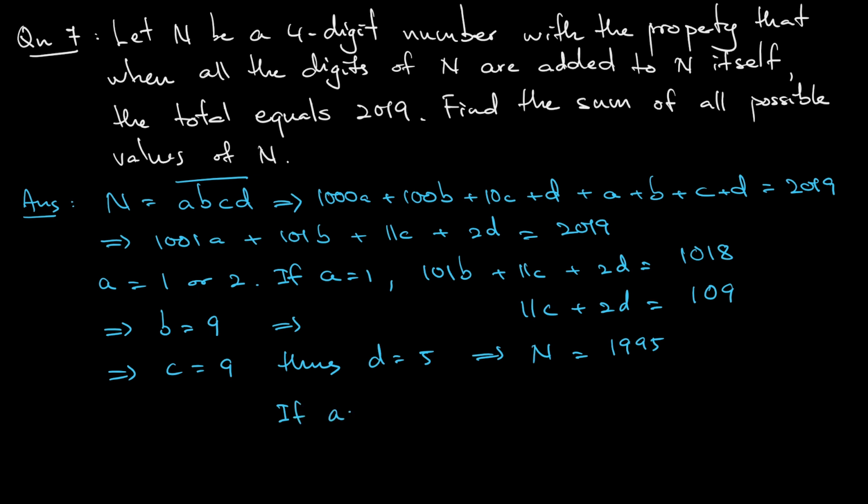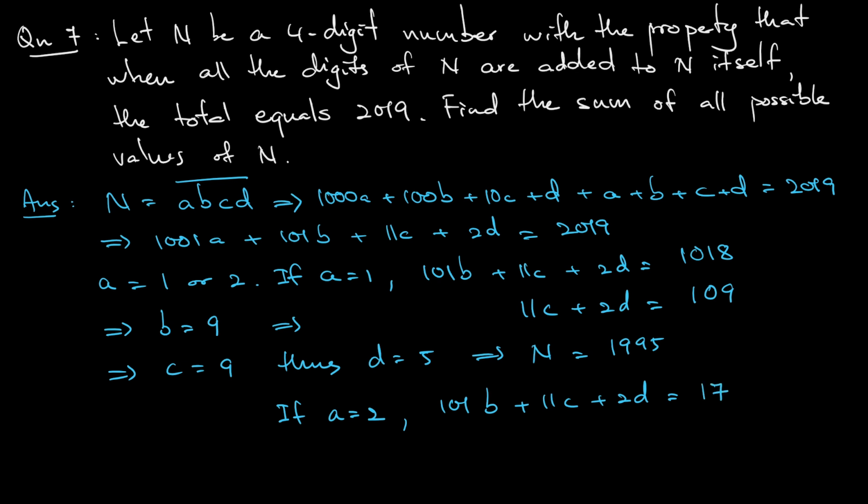If A is 2, you substitute it in, so it's 2002. All right, 101B, 11C, and 2D is equal to 2019 minus 2002. So that is equal to 17.